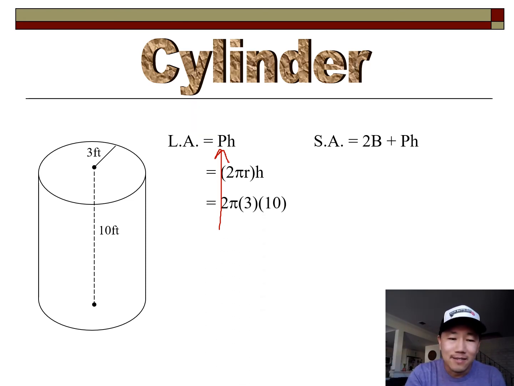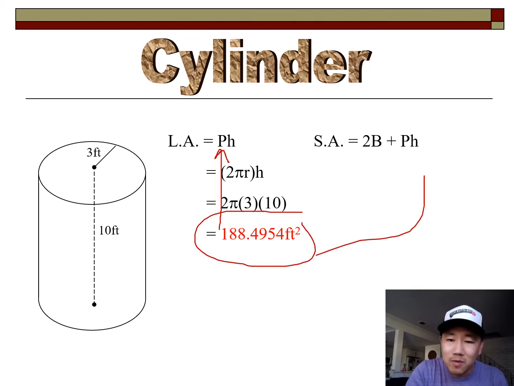The r in this case is 3 for radius. The height of the whole thing is 10. And so we should get approximately 188.4954 feet squared. All right, that part of the answer is this part for surface area.